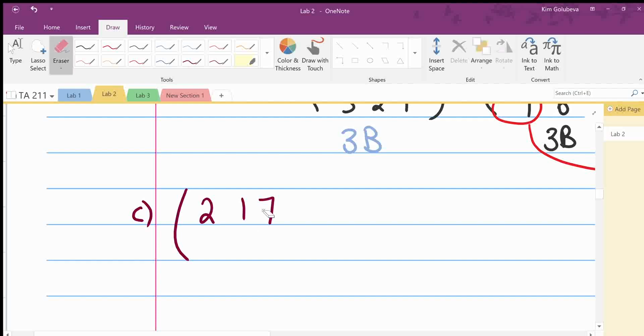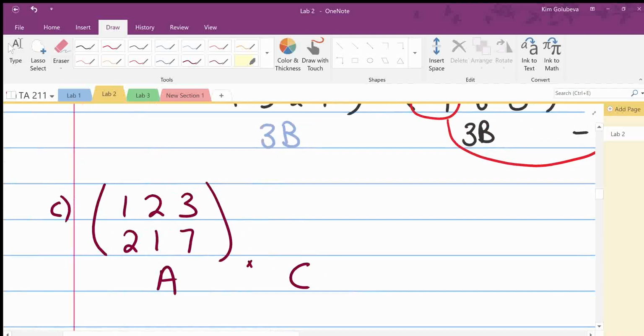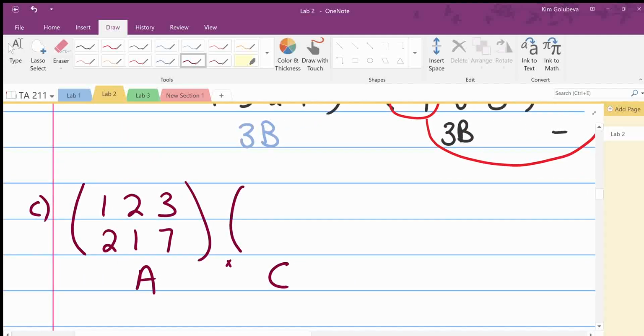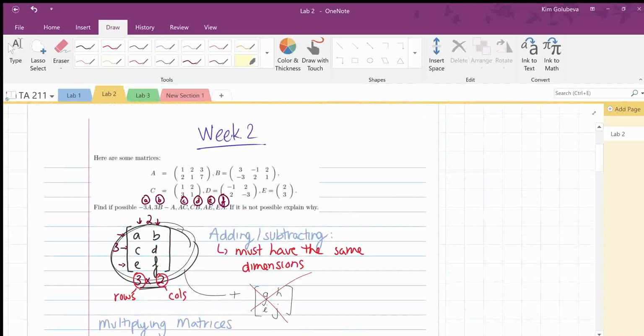Oh, sorry, that's the bottom row there. So A times C. And what's our C here? Our C is 1, 2, 3, 1.